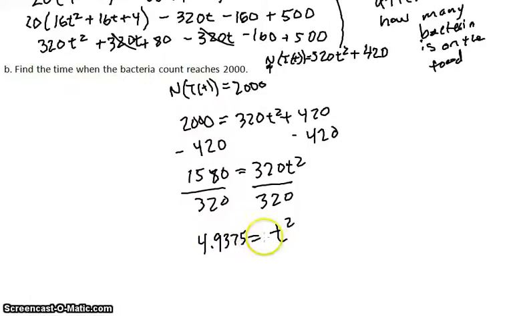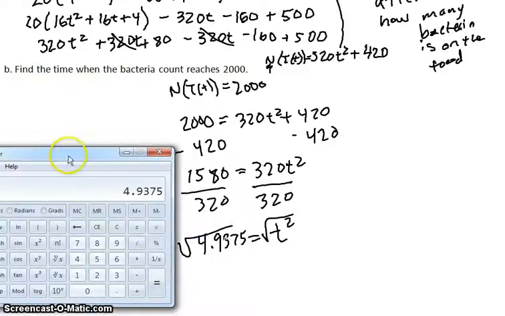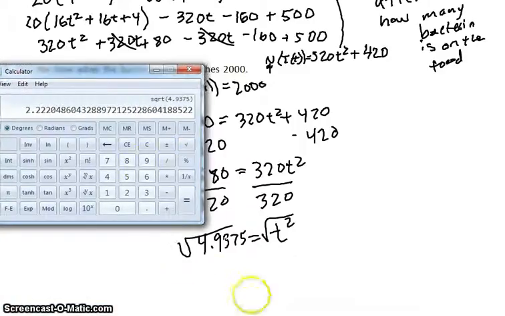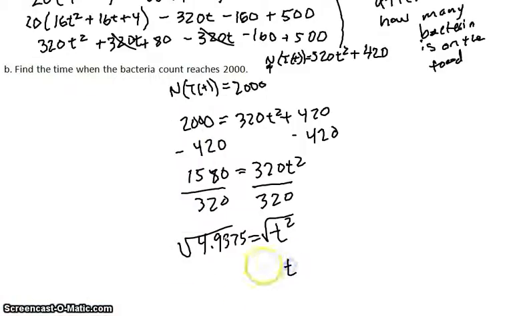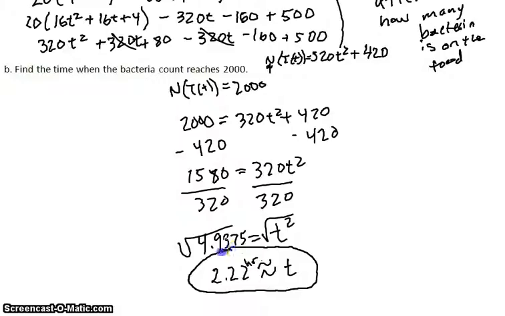I'm not done yet, so I need to take the square root of that to get my final answer. My final answer is approximately 2.22 hours. So after approximately 2.22 hours, there is a bacteria count of 2,000.